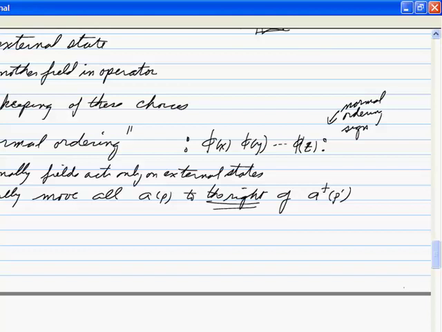So this annihilation operator can annihilate the state that's created by this guy. But if it's sitting off to this side here, it only acts this way, and so it only acts on the external states. It can't annihilate that guy because it's sitting off to this side here. It's annihilating something else.